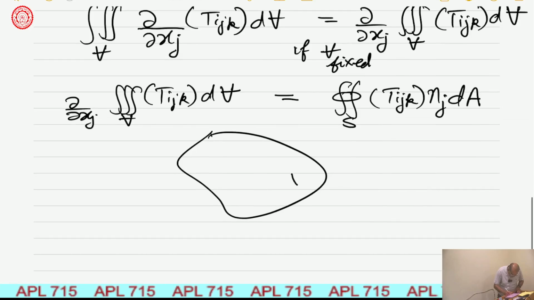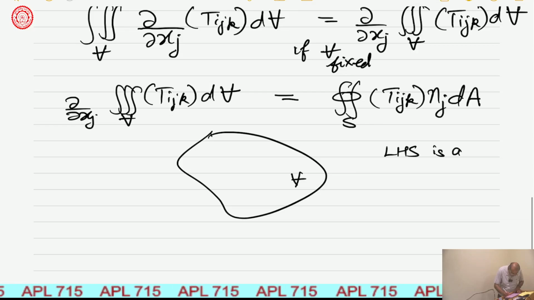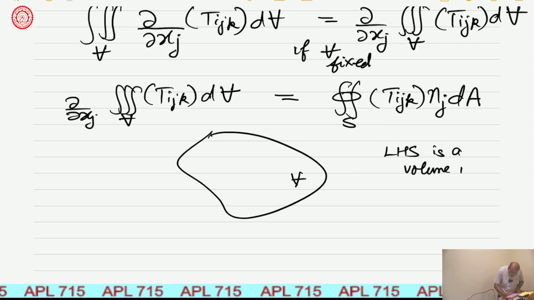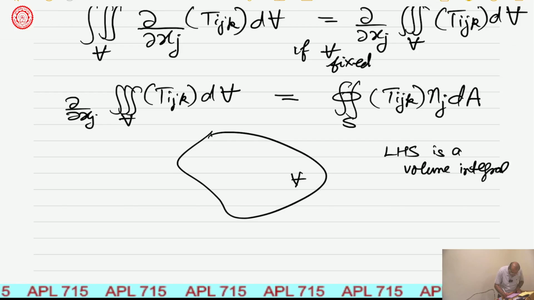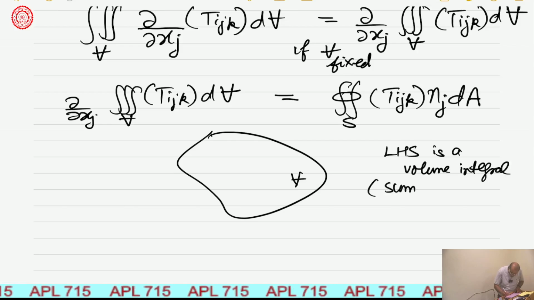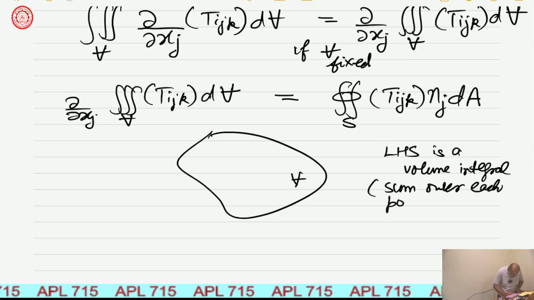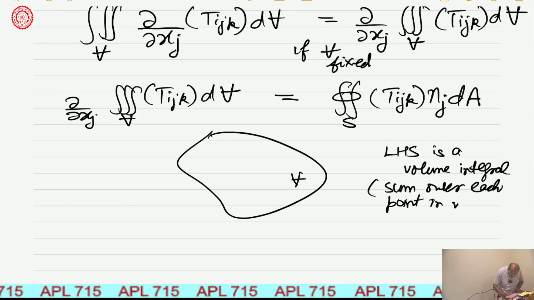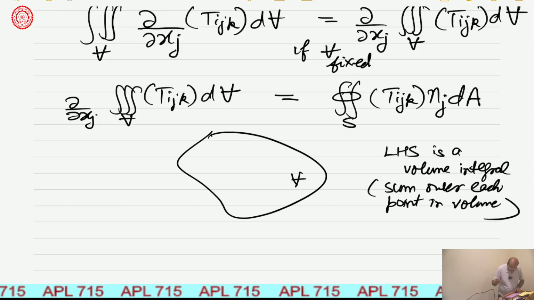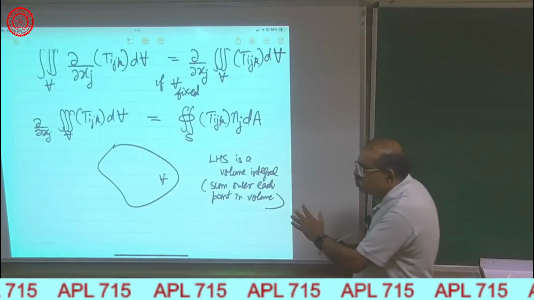this is the volume. The left hand side is a volume integral. Volume integral means what?